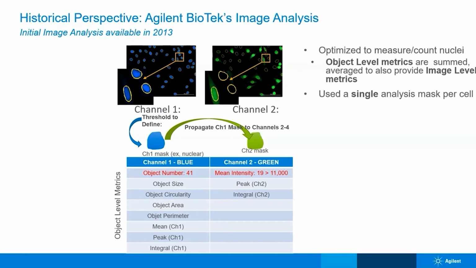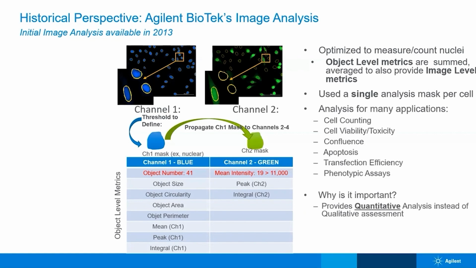Cell level, where each object gets its own measurement, and then summing or averaging those into an image level measurement. This enabled the analysis of many applications such as counting, viability, confluence, apoptosis, transfection efficiency, and various phenotypic assays. The key value here is the quantification of these images and applying the same rule across all images that are analyzed.